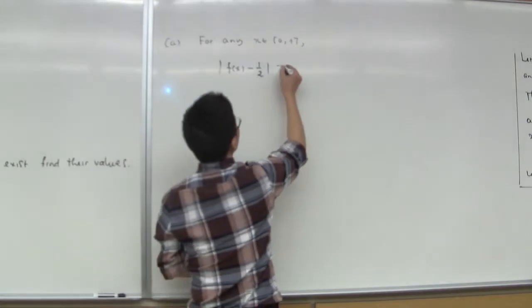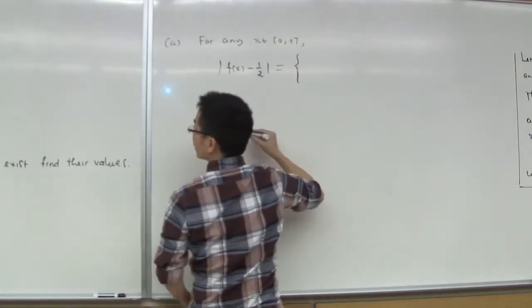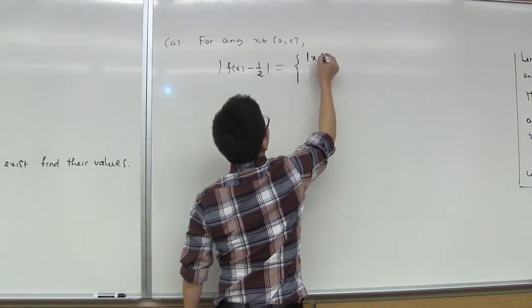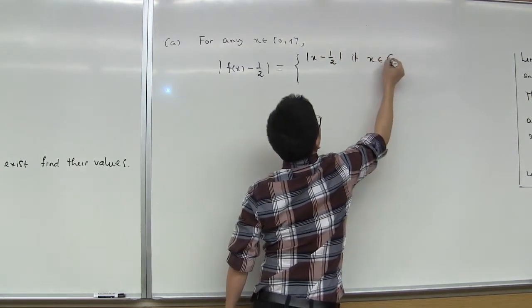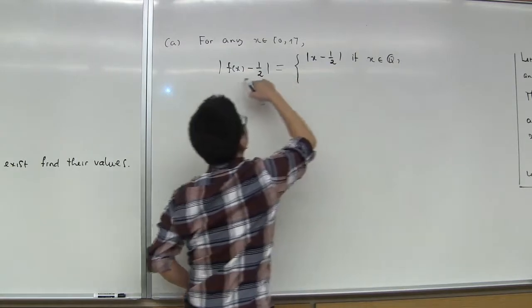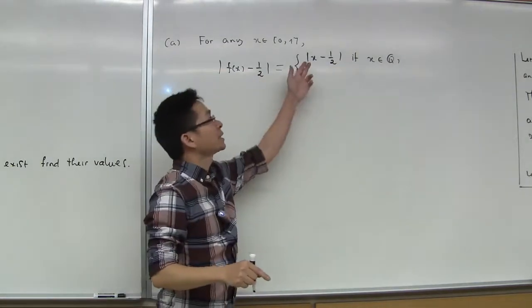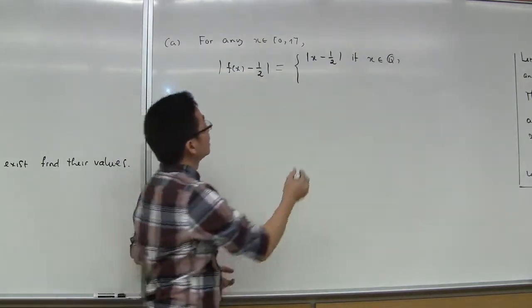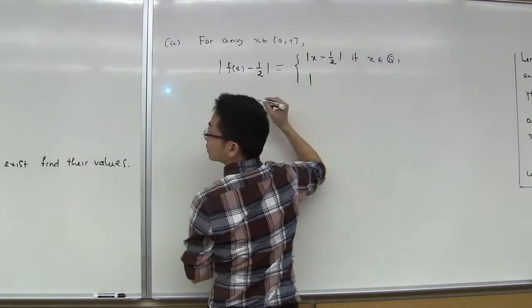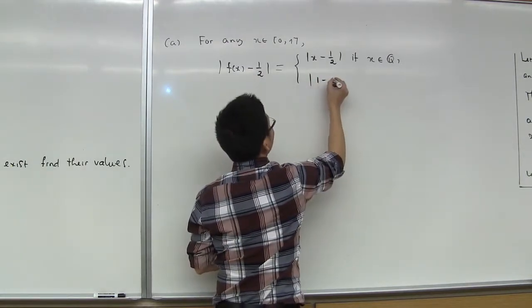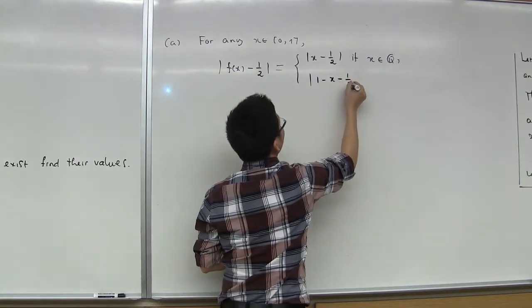So this is equal to the absolute value of x minus 1/2 if x is in Q. This is true because f(x) is equal to x if x is in Q. And in the case where x is not in Q, this is equal to the absolute value of 1 minus x minus 1/2.